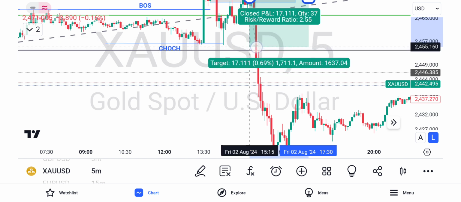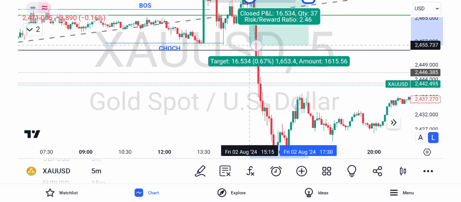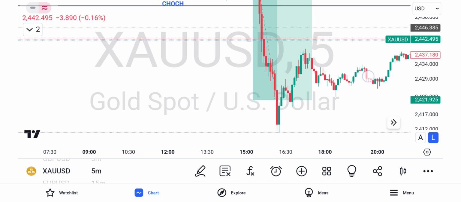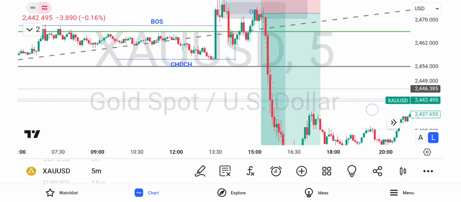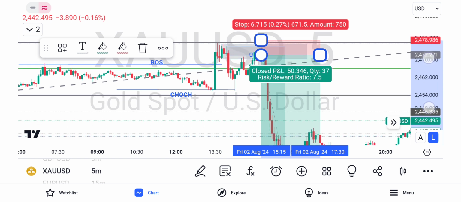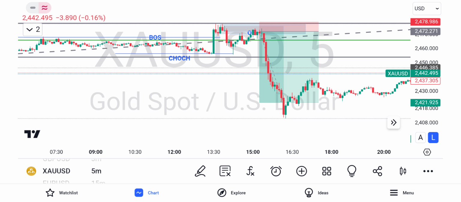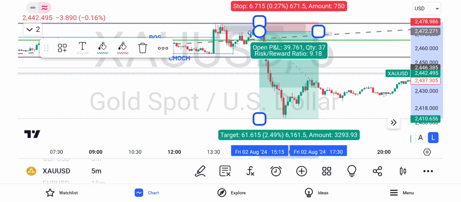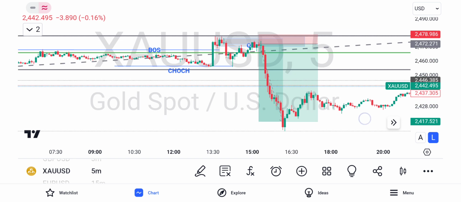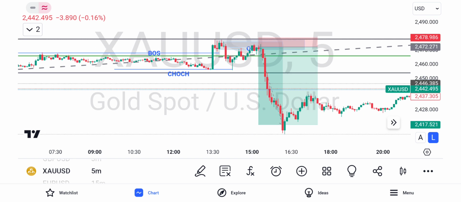Here can be your first take profit level, and then whoosh, what do you see? How many risk to reward? 1:7, or even 1:8. A 1:8 risk reward ratio. Very, very beautiful risk reward ratio.